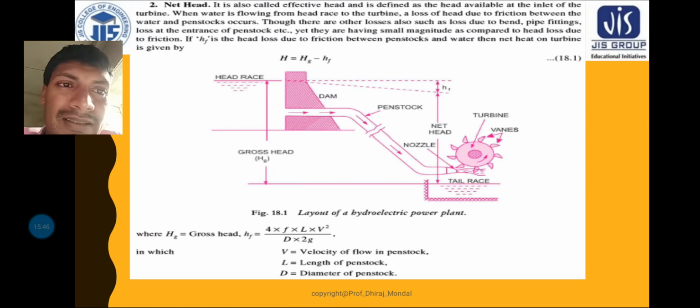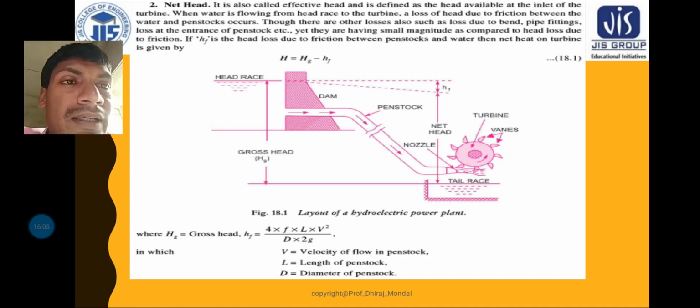So what is F here? In the case of HF, F is equal to the coefficient of friction, which will be given. L is the length of the pipe or length of the penstock, and D is the diameter of the penstock.